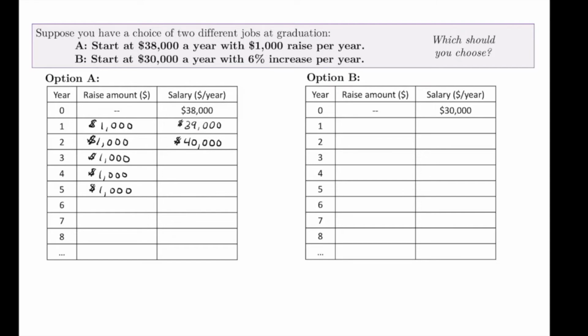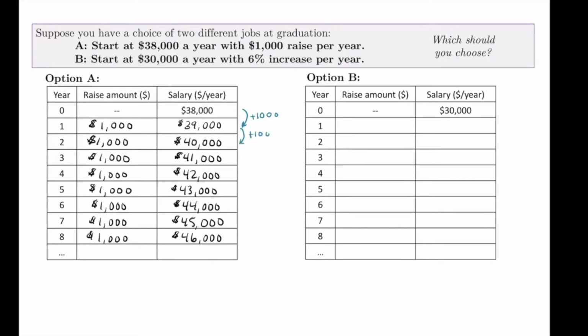If we look at the first 8 years of this job, after 8 years you will have a salary of $46,000 based on your raises. That $1,000 is shown in this table, where every year we add $1,000 to the salary.